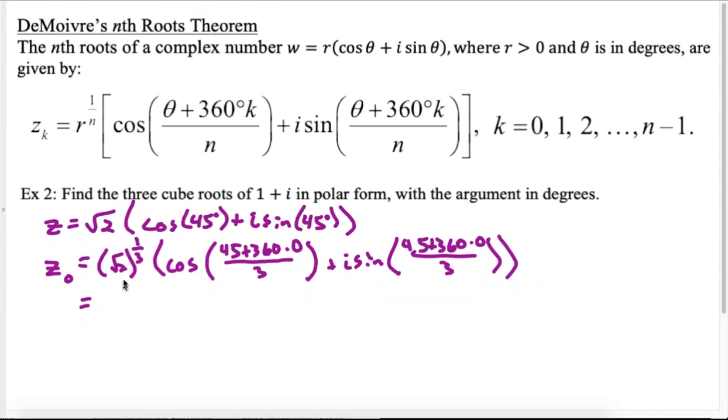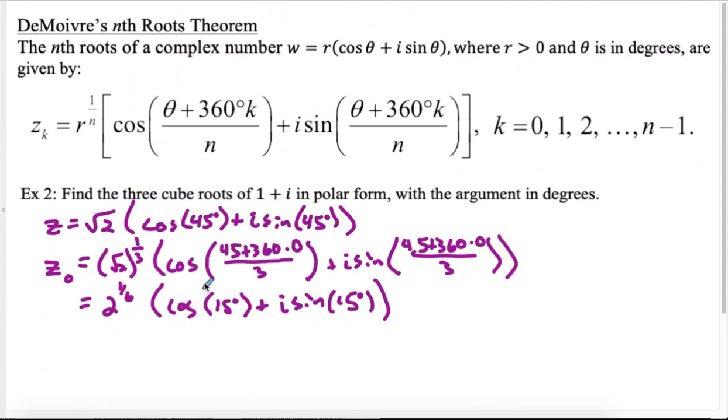To simplify this, square root of 2 is the same as 2 to the 1/2 power. So 2 to the 1/2 to the 1/3: 1/2 times 1/3 would be 1/6 power. So I can just write that as 2 to the 1/6, and then times cosine of, well, 45 plus 0 divided by 3 would just be 15 degrees, plus i times the sine of 15 degrees.